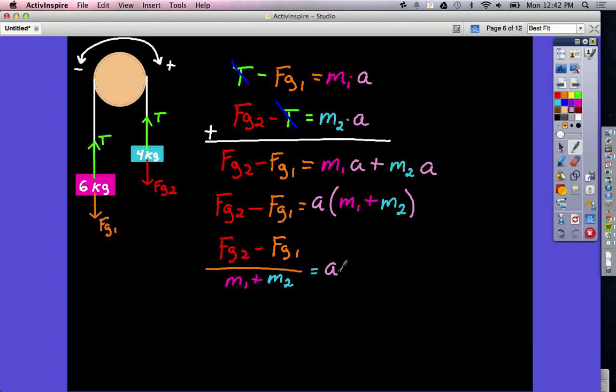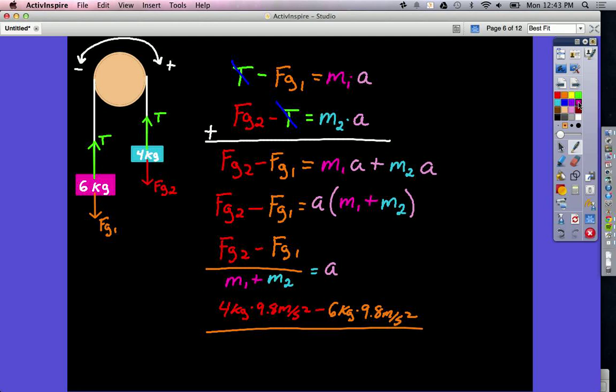To finish, I'm going to plug in what I know the equations are for force of gravity 1 and 2. So that would be force of gravity 2 is the mass, which is 4 kilograms times 9.8 meters per second squared, minus force of gravity 1, which is 6 kilograms times 9.8 meters per second squared.